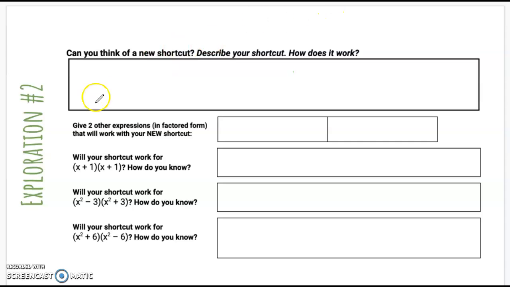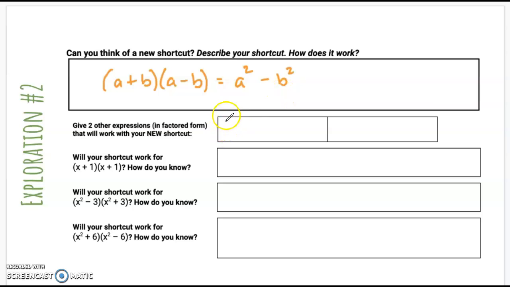All right, so the new shortcut that we came up with is we said that when we have two polynomials with matching terms but opposite signs, we square the first term and square the last term with a subtraction sign between them. Let's see here. Give two other expressions in factored form that will work with your new shortcut.